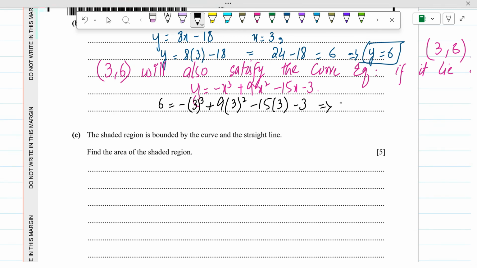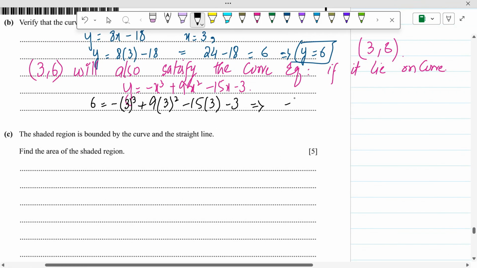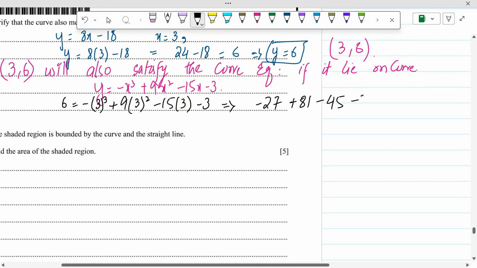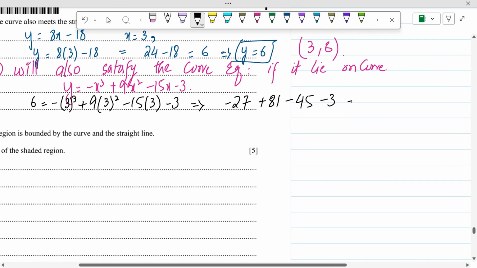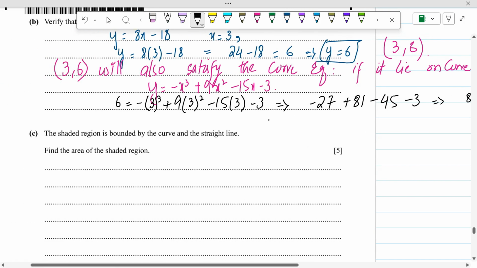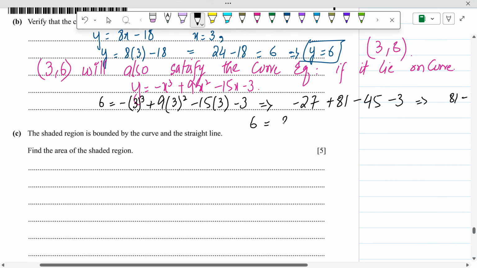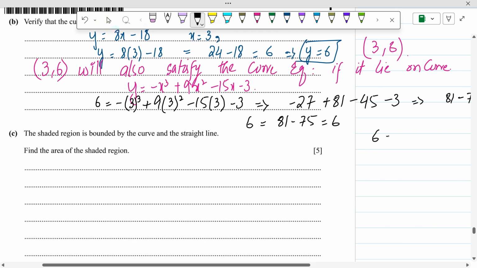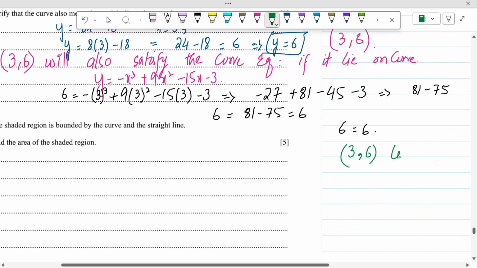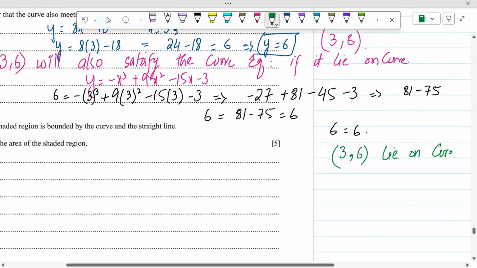This is equal to negative 27 plus 81, minus 45, and negative 3. So this is equal to 81 minus 75. So the left hand side which is 6 equals 81 minus 75 which is also equal to 6. So we can say that 6 equals 6, meaning the point (3, 6) lies on the curve also.